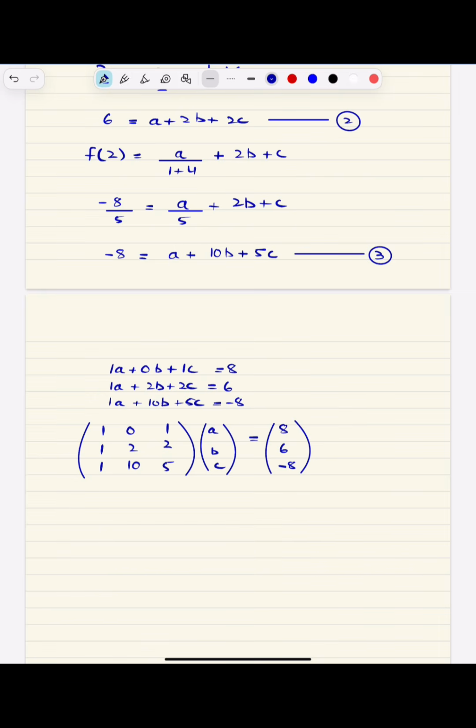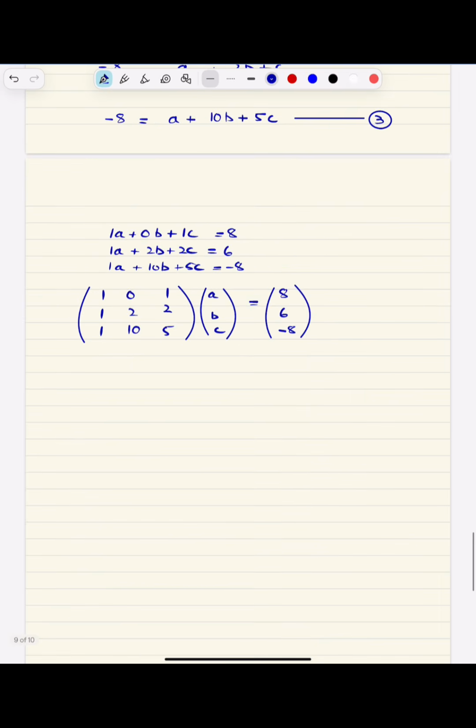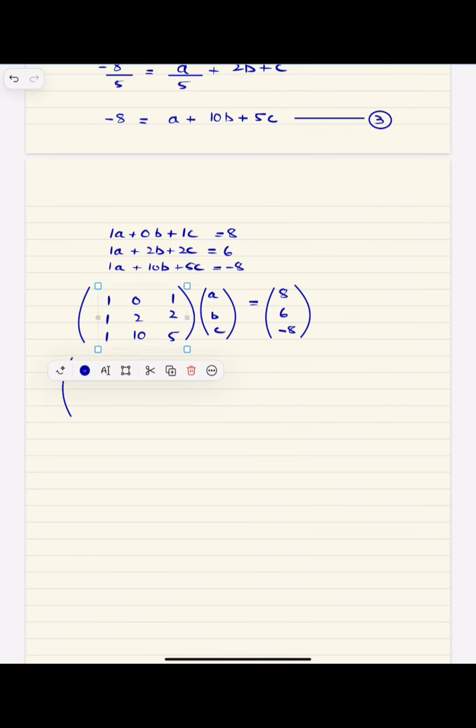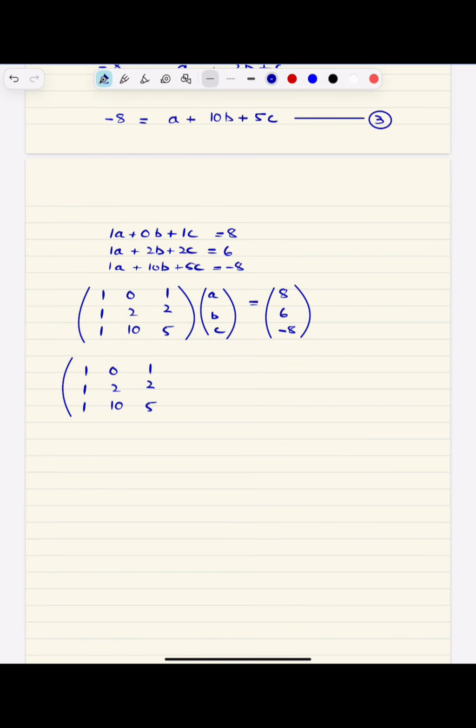So let's convert this into augmented matrix form. This comes here, and we have 8, 6, minus 8. Remember, I want to use row 1 to impact rows 2 and 3. So I'll have row 2 minus row 1, and row 3 minus row 1.